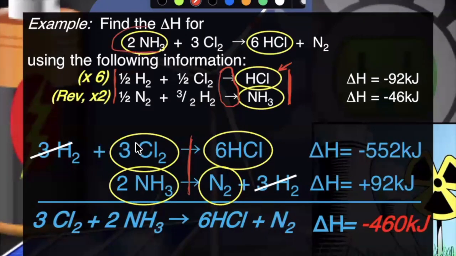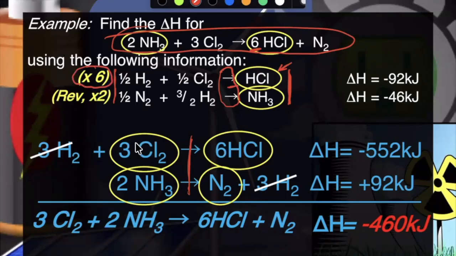In this case, the HCl is on the correct side of the arrow. It's on the right side of the arrow, so I don't need to reverse this one. However, I have 6 moles of hydrochloric acid in here. I only have 1 mole. So what I need to do is multiply this equation by 6.